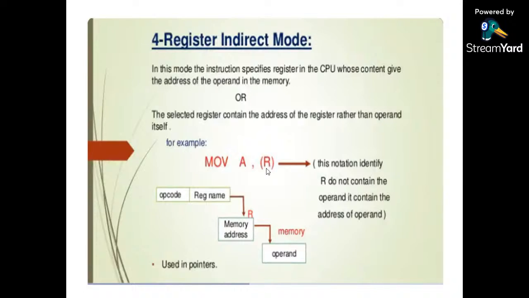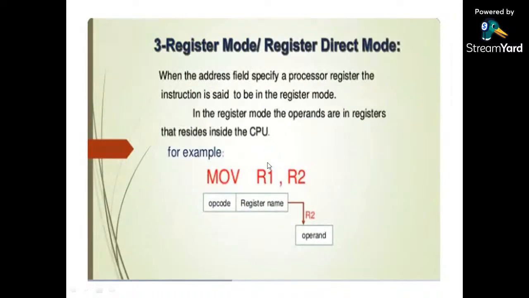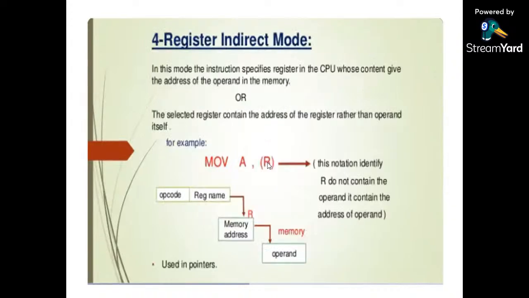Let us try to understand it through the example specified in the instruction. It is given: move A comma (R1). Now what is the difference you can see in both the instructions? Here the register R1 is specifically written within parentheses.